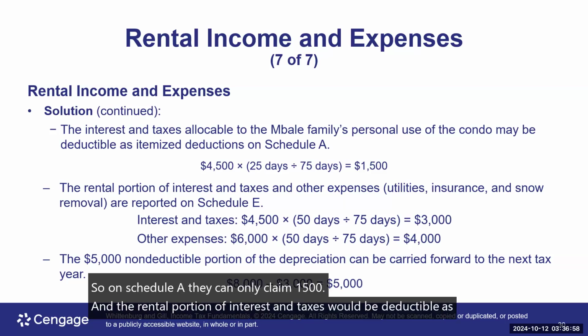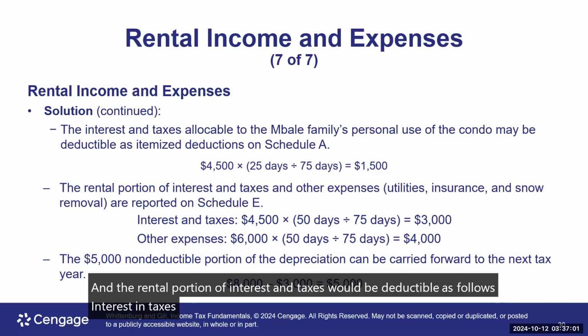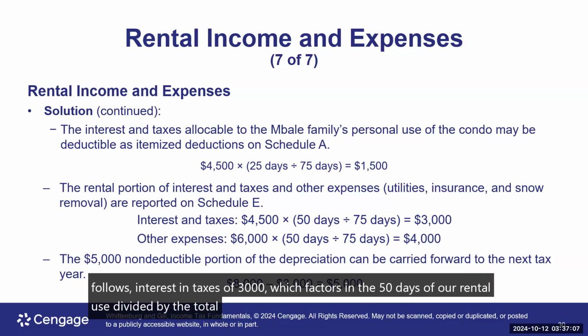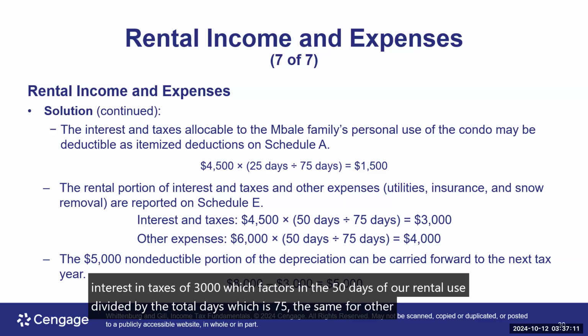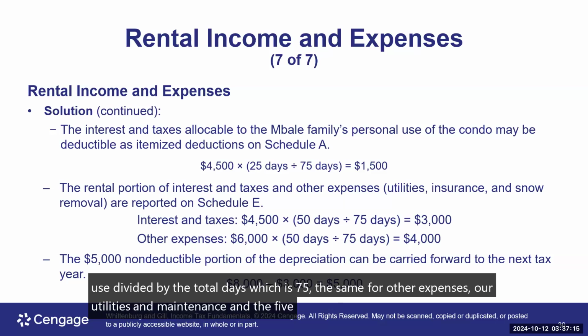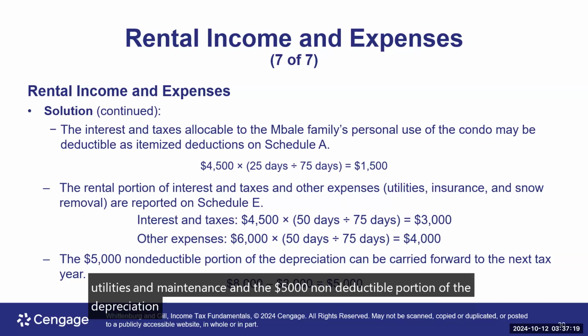Interest and taxes of $3,000, which factors into 50 days of rental use divided by the total days, which is 75. The same for other expenses, our utilities and maintenance. And the $5,000 non-deductible portion of the depreciation is going to be carried forward to the next year.